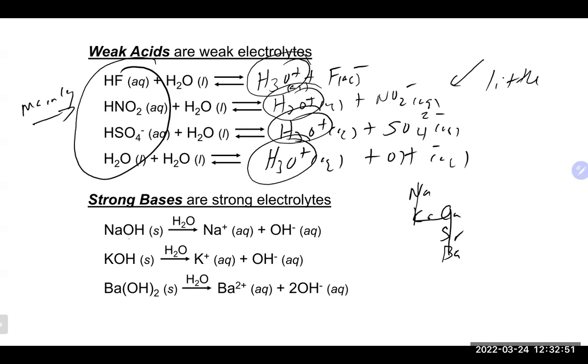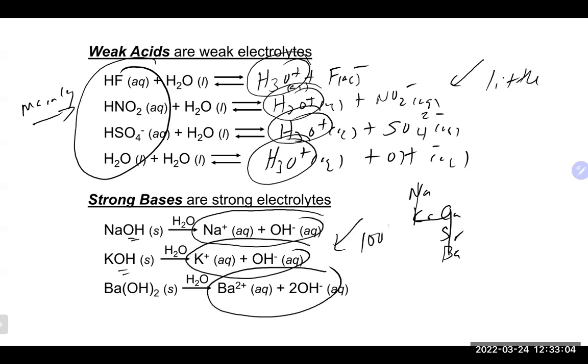But when you do see hydroxide in the formula, in most cases it's probably going to be a strong base. Why is it a strong base? In solution, 100% of what you've got going on is going to be the ions. Again, much like our strong acids, you will not have any sodium and hydroxide units still together when they're in solution. They will completely break apart.